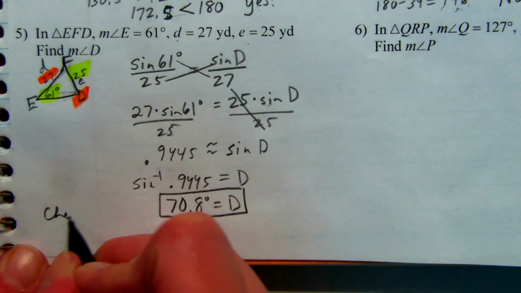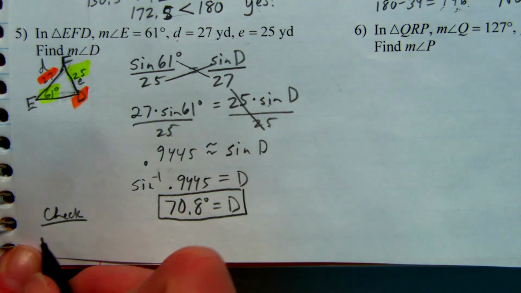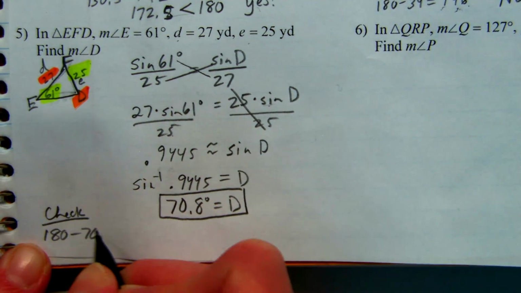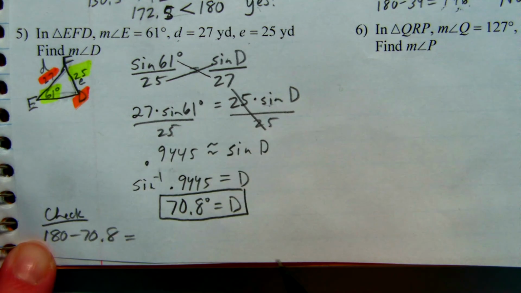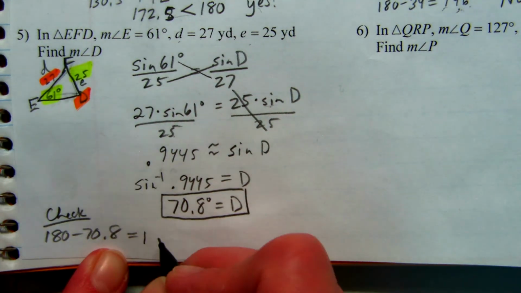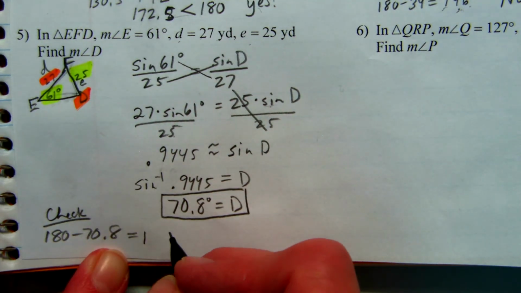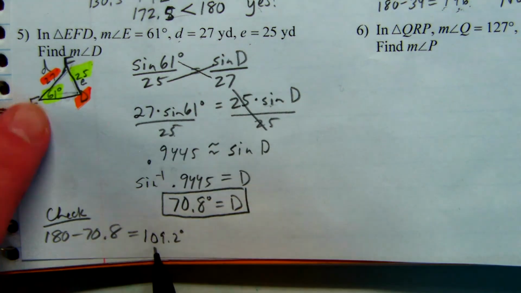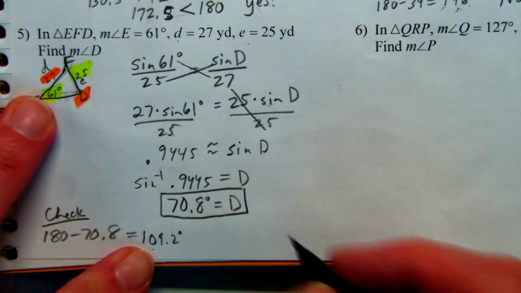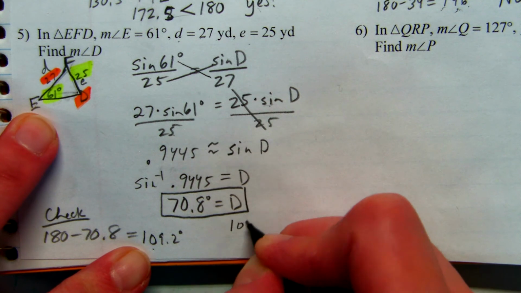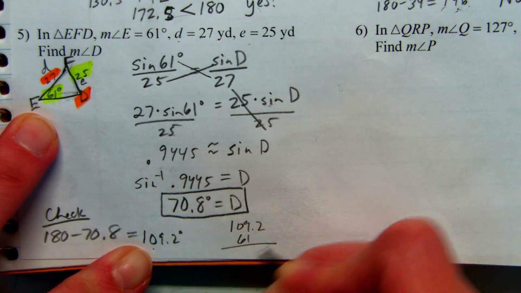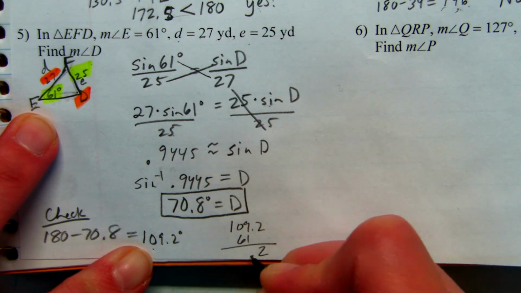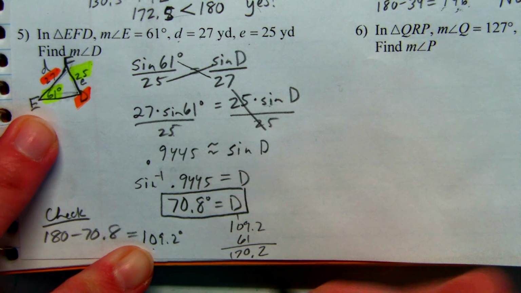We're going to check for the second one by taking 180 minus 70.8, which gives us 109.2 degrees. And we check and see if that'll work with 61. If I add that together, 109.2 and 61 does stay just a little bit under 180.